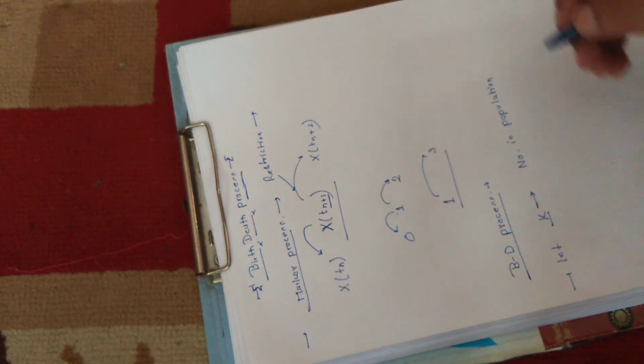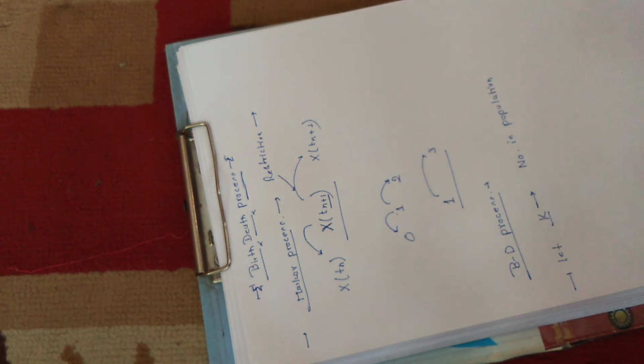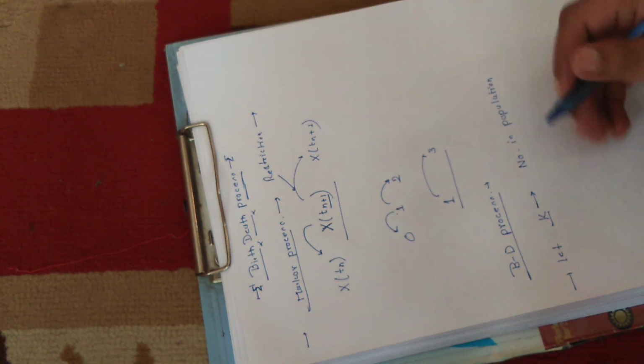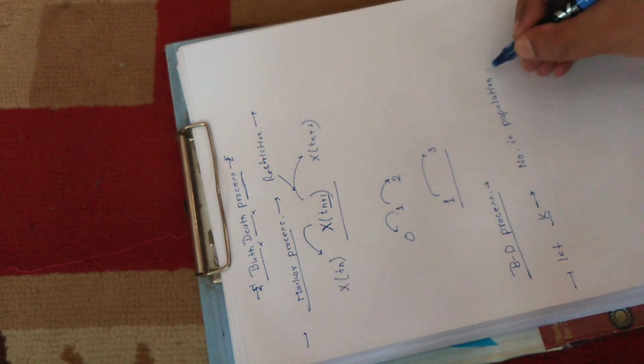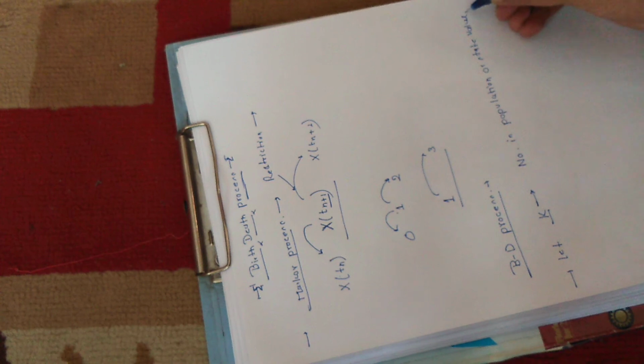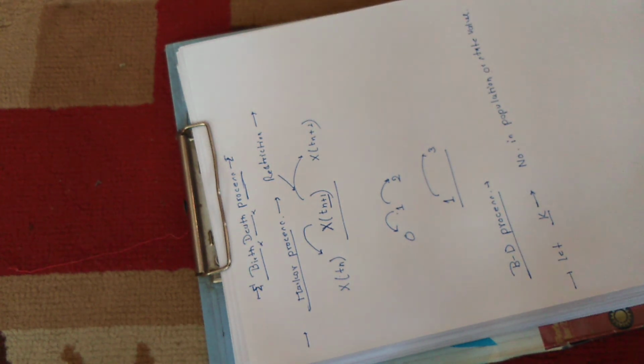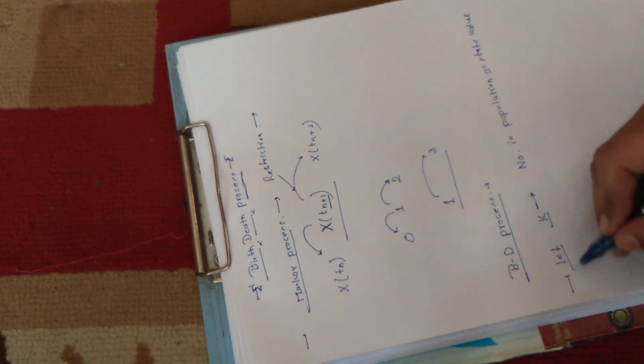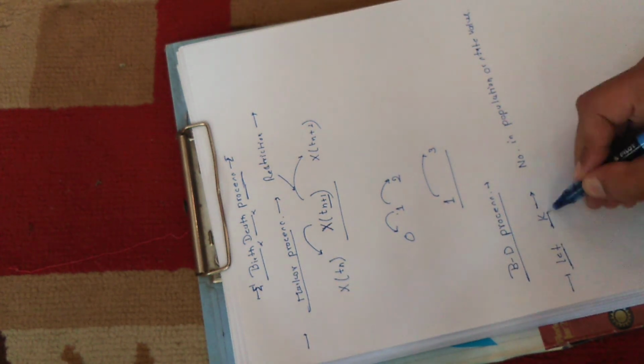That means k is a random variable and k is the number of population, which represents the state value of the process.